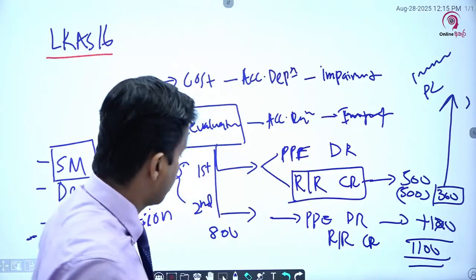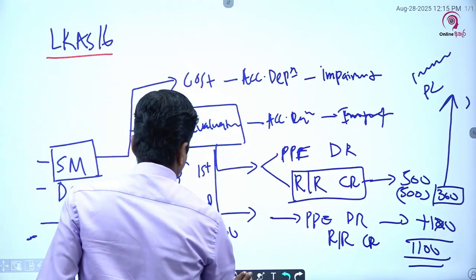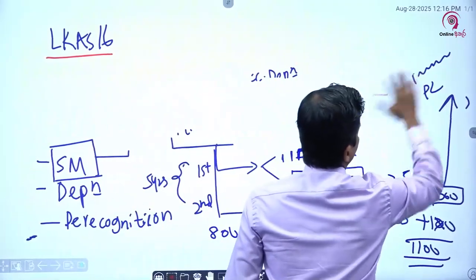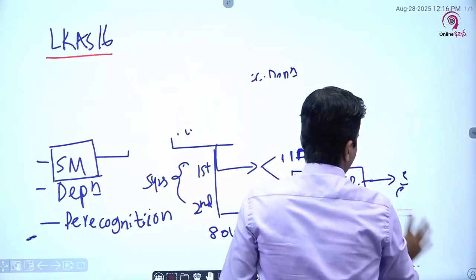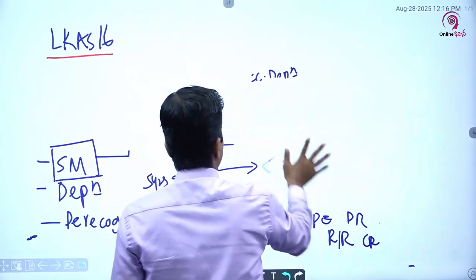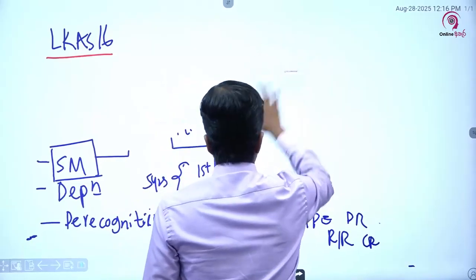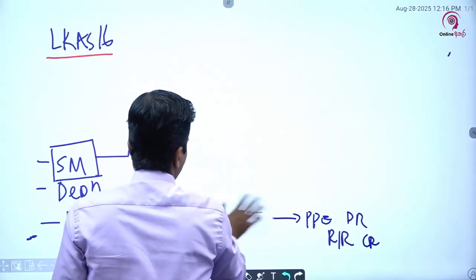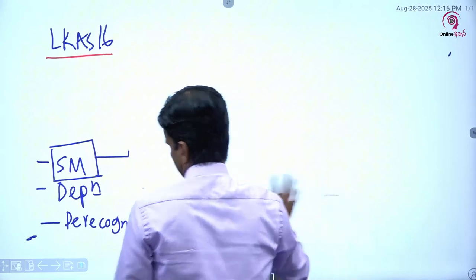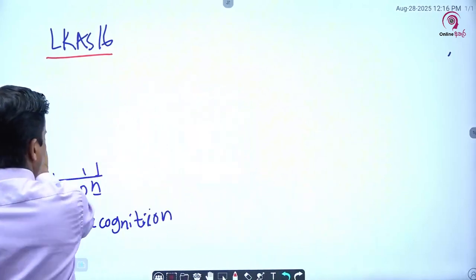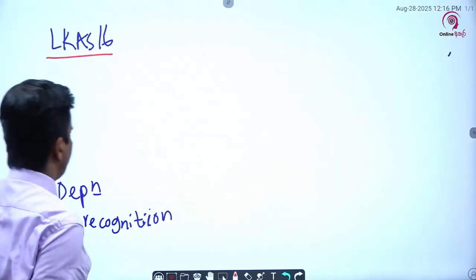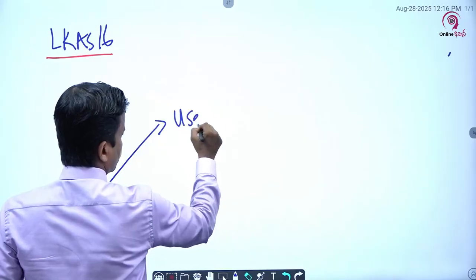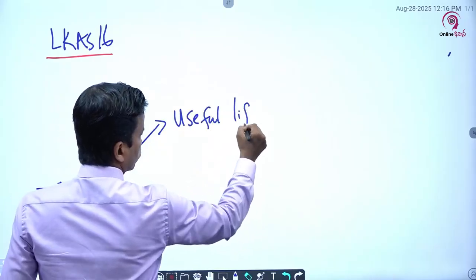So the next is depreciation, right? Depreciation is a systematic release of the cost of the asset or the revalued amount of the asset. When it comes to depreciation, it is very important for you to decide what my useful life is, right?